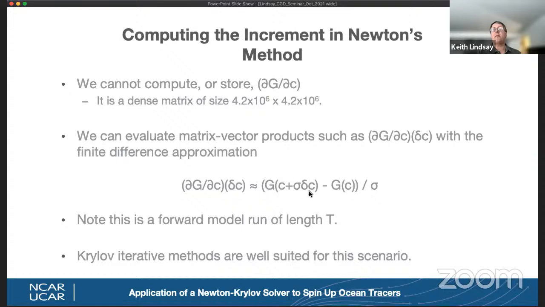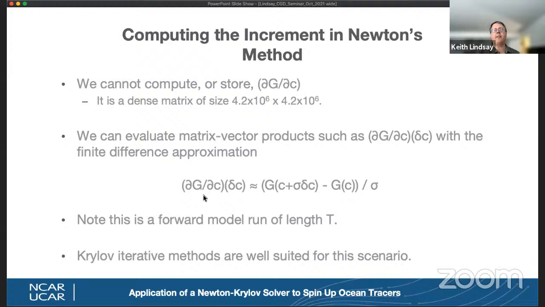Mathematically, this is the same as taking g with this perturbed initial state, subtracting g of the original state, and then there's a scaling factor so that we are taking infinitesimal increments. So this finite difference approximation allows us to approximate these matrix vector products.